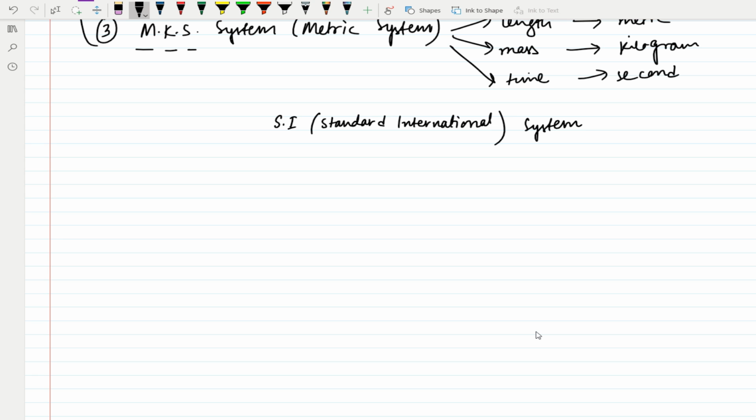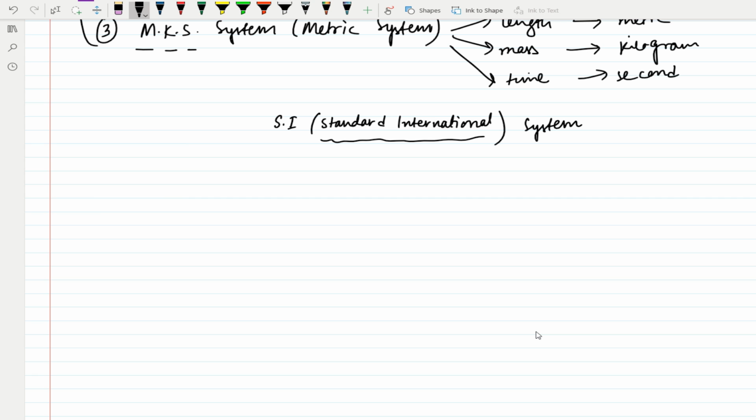The full form of SI is actually System International de Units, but it is also expanded in the form of Standard International System. In the earlier three systems which we studied, only length, mass, and time were assigned units. But in this SI system, all the 9 fundamental quantities have been assigned units.